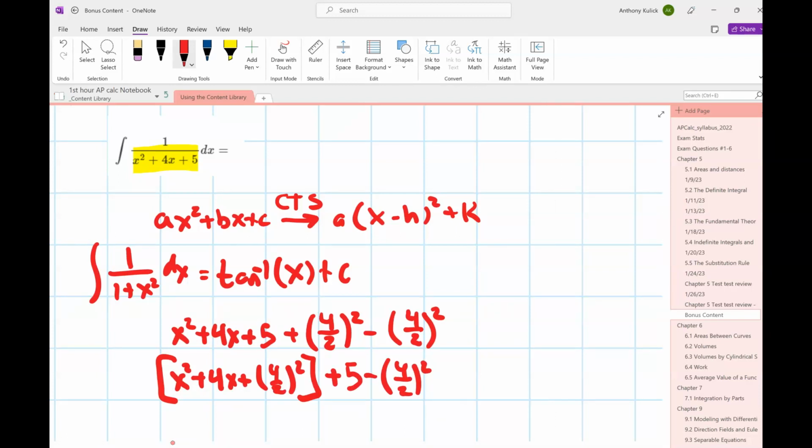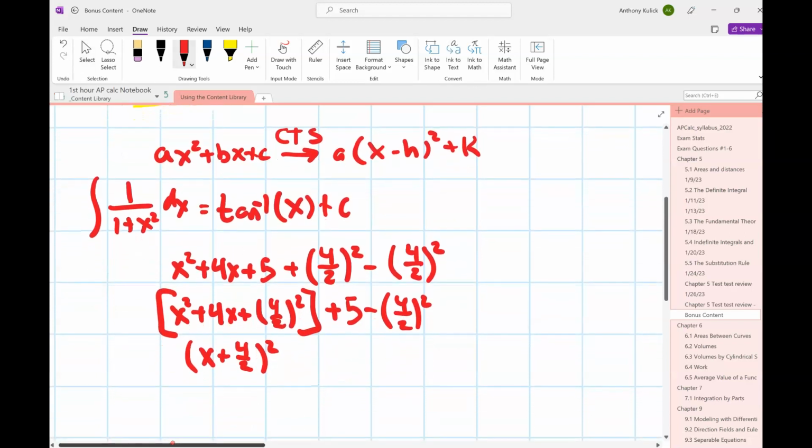Because how does x squared plus 4x plus 4 over 2 squared factor? x plus 4 over 2 squared, right? It has to factor that way. We made sure it factors that way because it's a completing the square problem. 4 over 2 is just 2. 2 squared is 4, so 5 minus 4 is just 1.